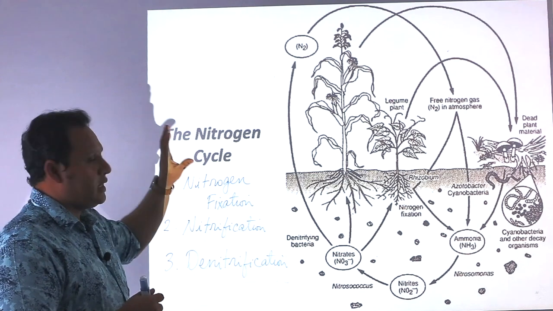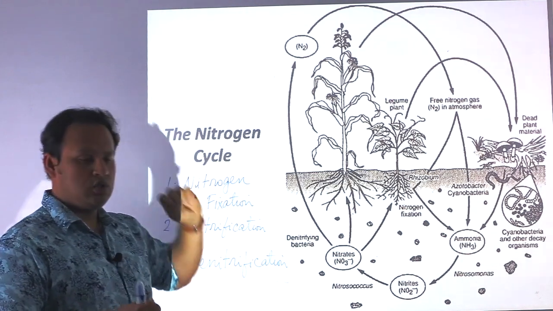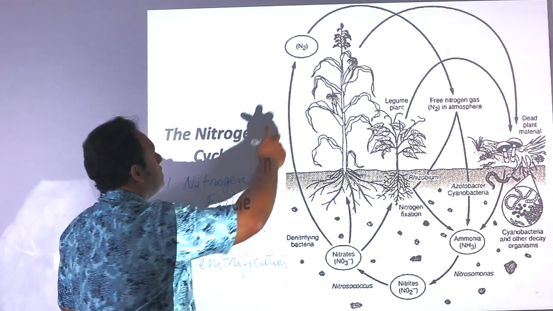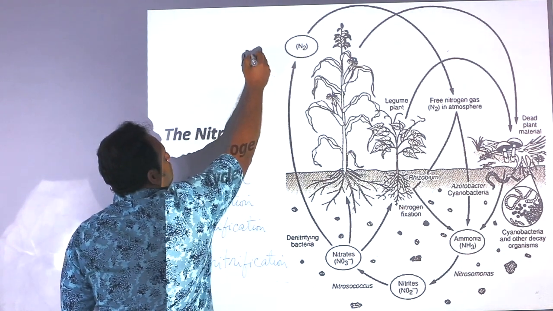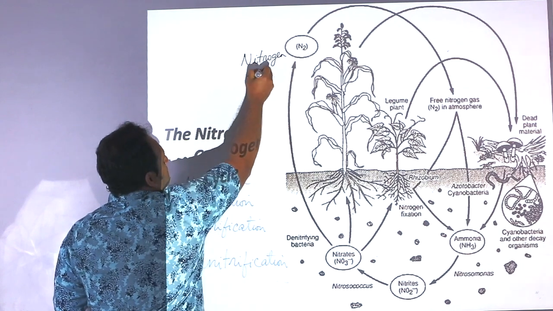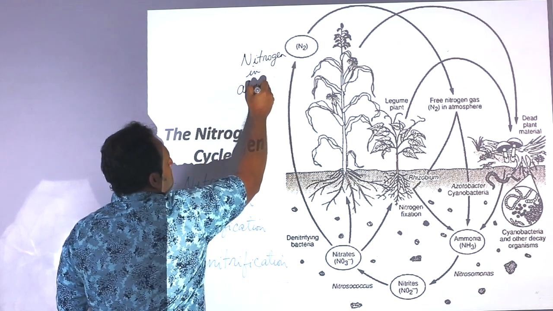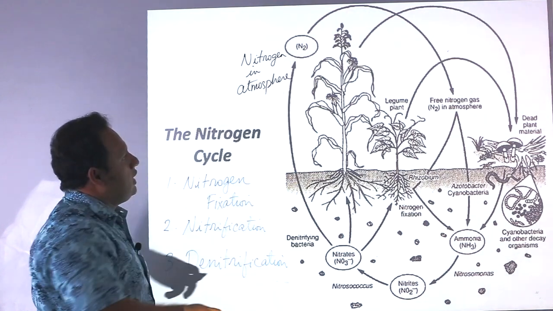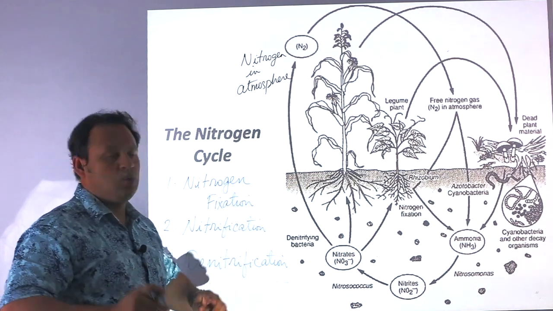So again, nitrogen in the atmosphere needs to be removed, and that happens in two ways.